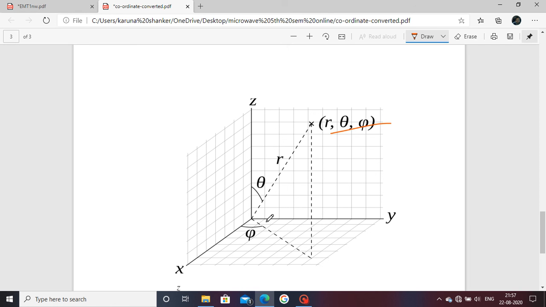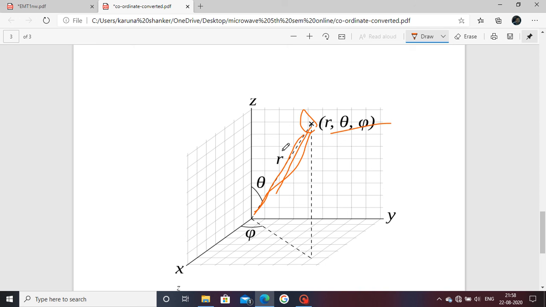The r is the radius of the sphere. Suppose this point is located by r, theta, phi in spherical coordinates. This is your radius. A sphere looks like a volume, such as a balloon, with radius r.